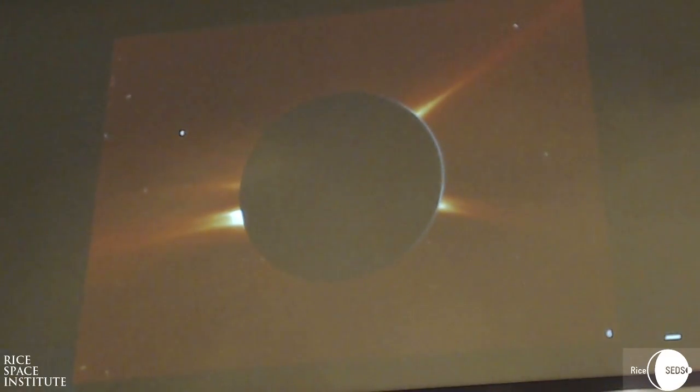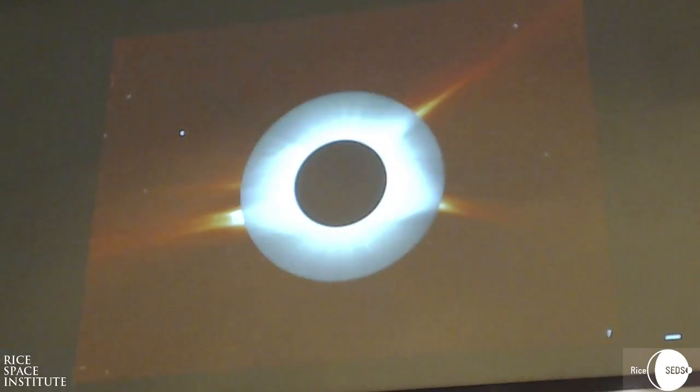The problem is, this is some of the best techniques we've ever done from space, and yet we really are missing an enormous amount about the corona. And so here is an eclipse picture that fills that area in that some of our space observations don't have the opportunity to see.